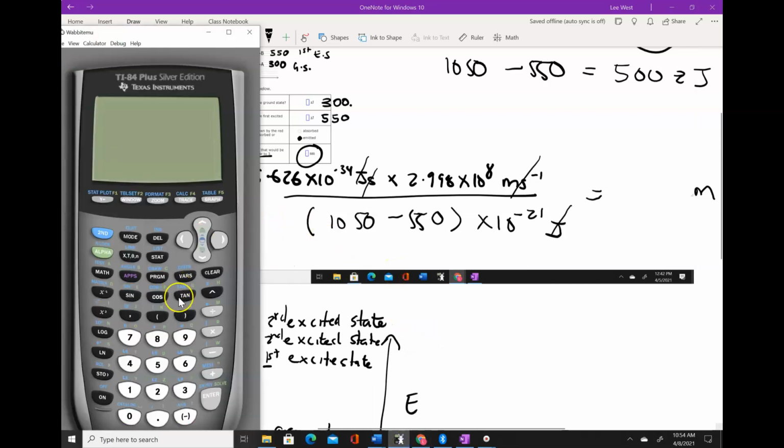All right, so Planck's constant, 6.626 by 10 to the minus 34 times the speed of light, 2.998 by 10 to the 8, divided by the energy, which was 500 zeptojoules.